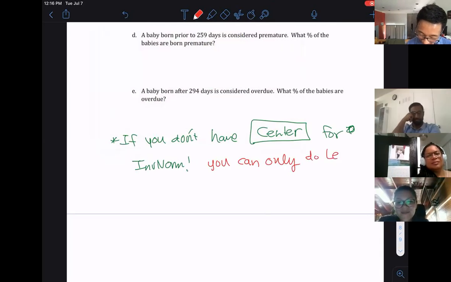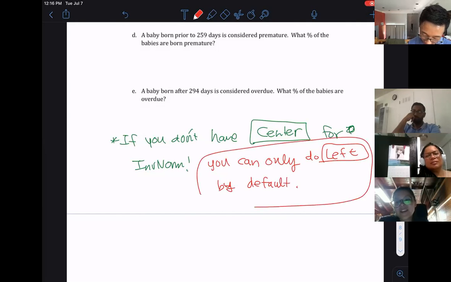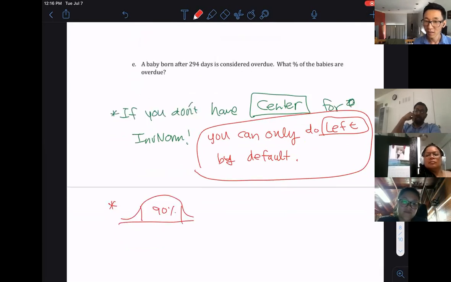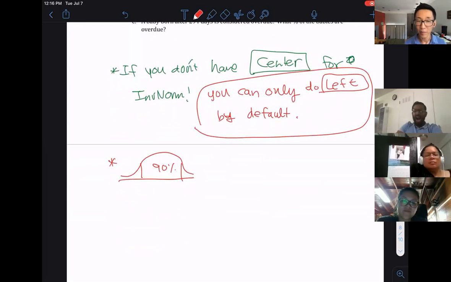The older version does left by default. So what happens if it requires right? You can always translate into left. For example, if I want to do the middle 90% and I don't have a center option, that's fine.